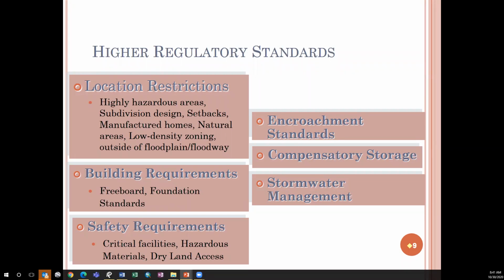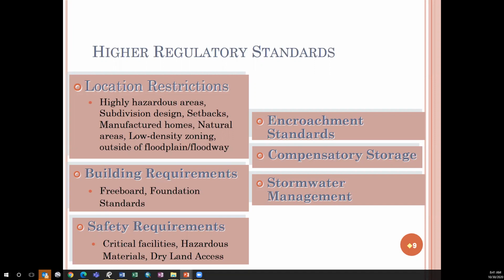So you can require that maybe you allow fill in one area, but to offset that, there needs to be some grading elsewhere in the floodplain, in the immediate area, in the same elevations as what's been removed.